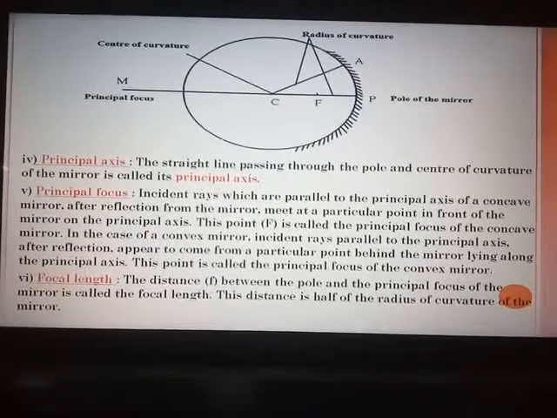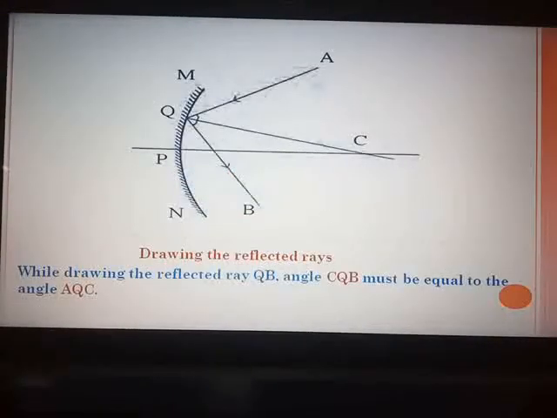Now, what basic criteria has to be followed while drawing the reflected rays, that we are going to study here, because we are going to study the images which are produced by the spherical mirrors by drawing the ray diagrams. Now you can see this figure.